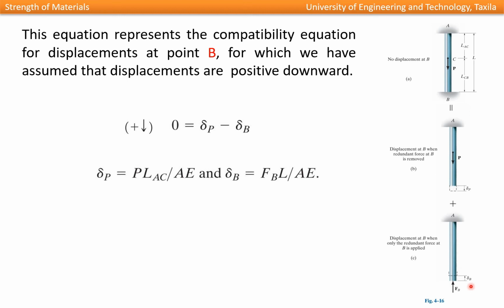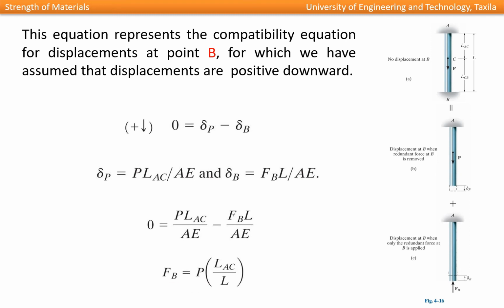So for delta B, the length of the whole rod is used, which is L in this case. Putting these values into the expression, we see we have only one unknown, FB, and one equation, the compatibility equation. So from this equation we can find the expression for FB.